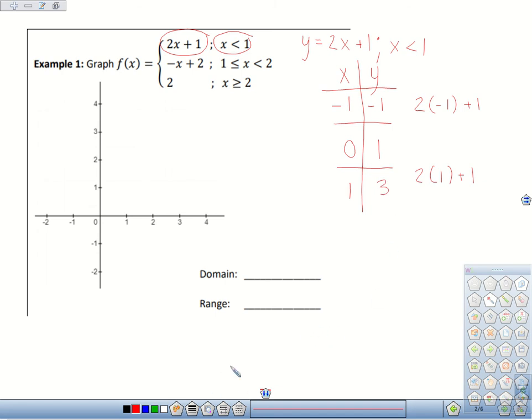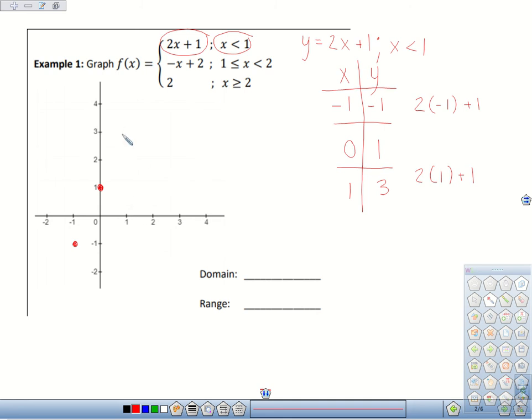So now that I have these values, I'm going to plot these on the graph. So it's going to be negative 1, negative 1. It's going to be 0, 1. And lastly, remember, 1 actually isn't included on my graph, is it?